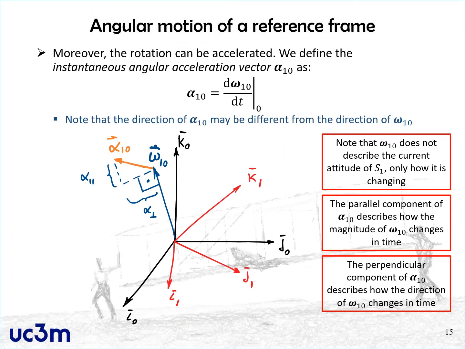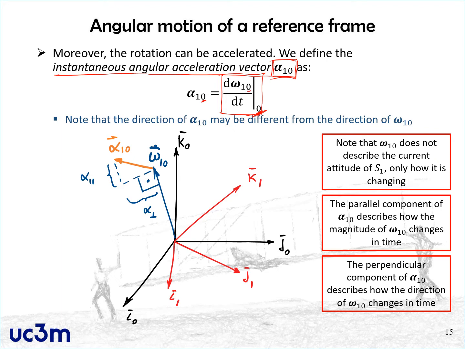So before we continue, we are going to define also the derivative of the angular velocity vector, all right? And this is what we will call the instantaneous angular acceleration vector, all right? Observe again the nomenclature. We use 2 subindexes to refer what reference frame is rotating with respect to what. And more importantly, observe that in the definition, we are taking the derivative with respect to the last index, okay?